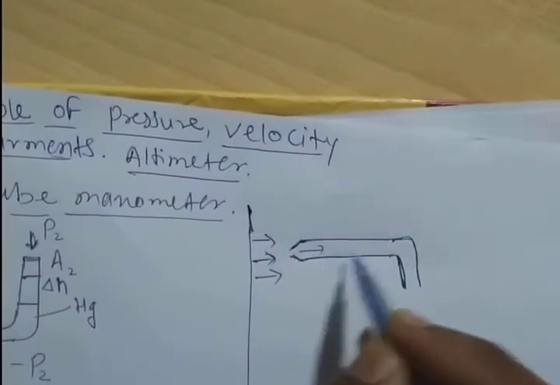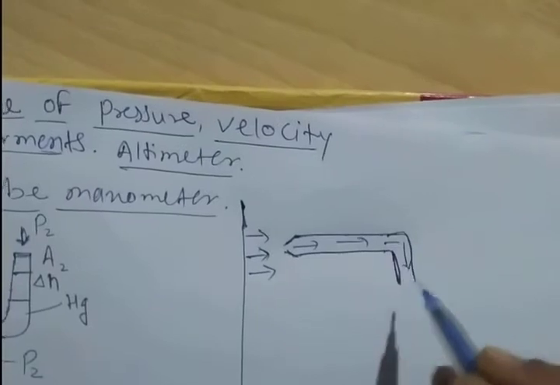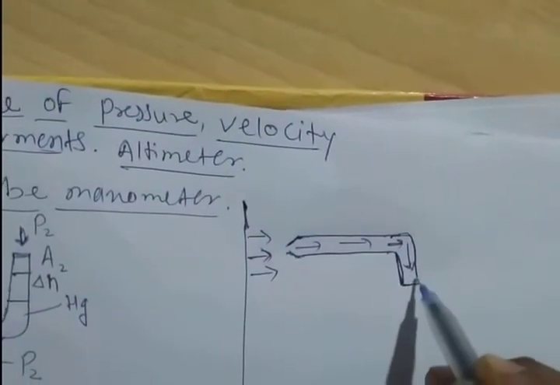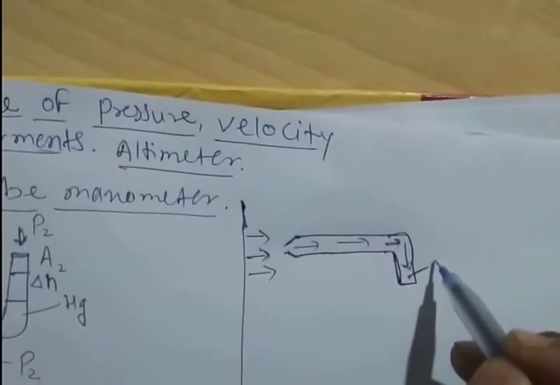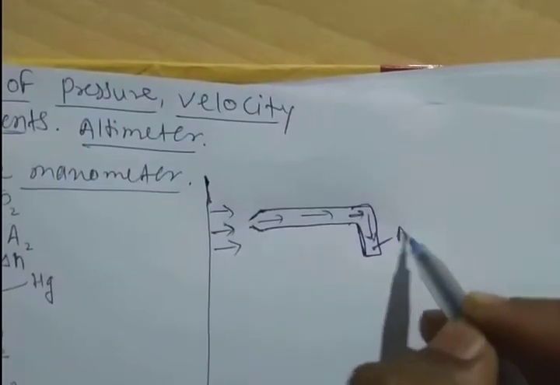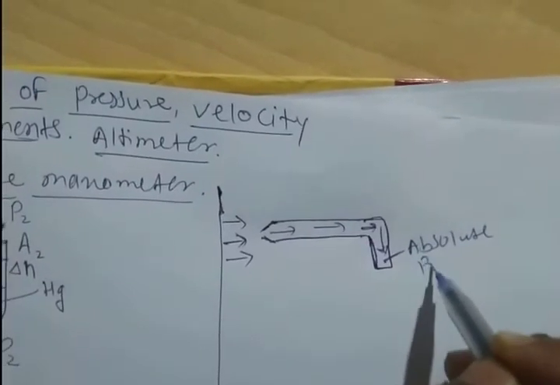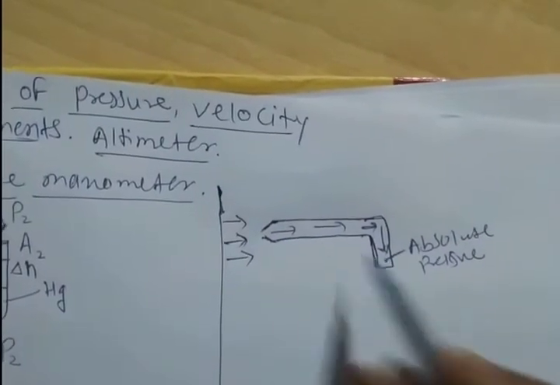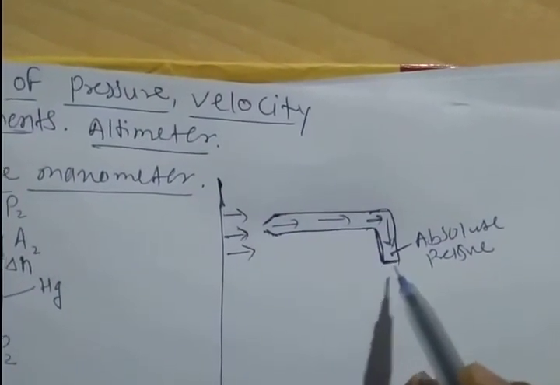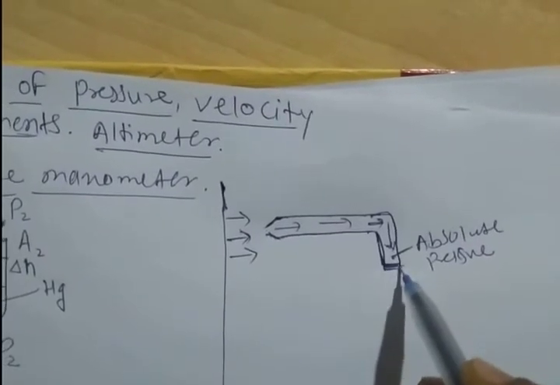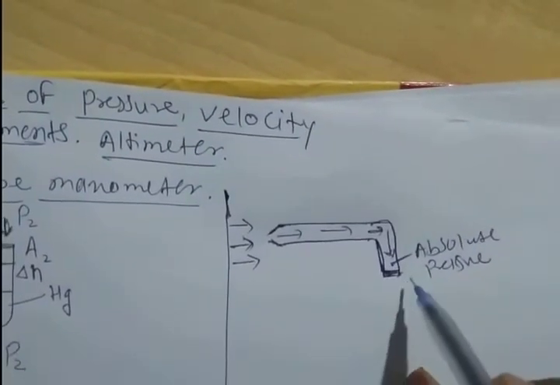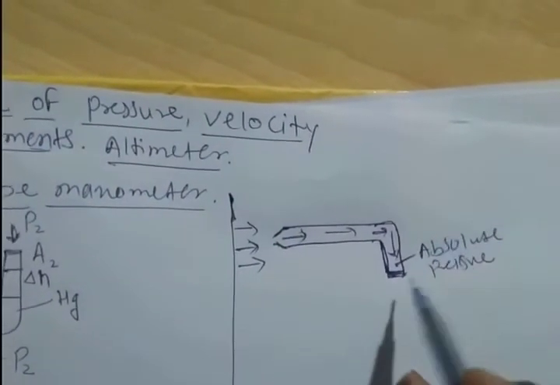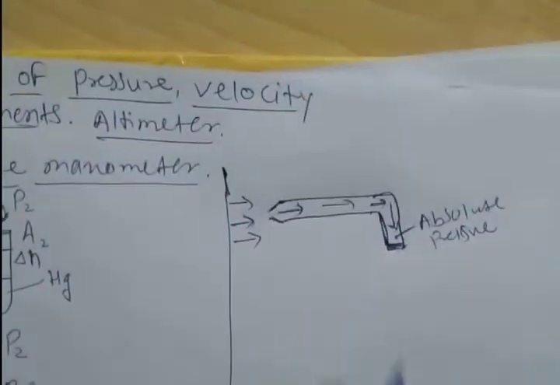Okay, so air enters here, and the total pressure will generate here. This will be the absolute pressure or total pressure. So here there will be a digital pressure measuring instrument, which will measure the total pressure. So what is total pressure? Total pressure will be equal to the sum of static pressure and dynamic pressure.